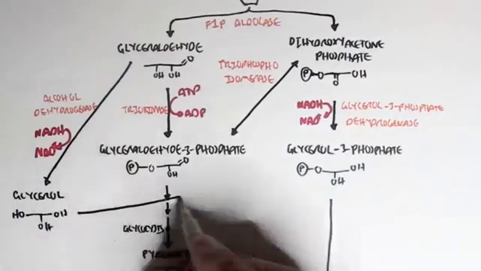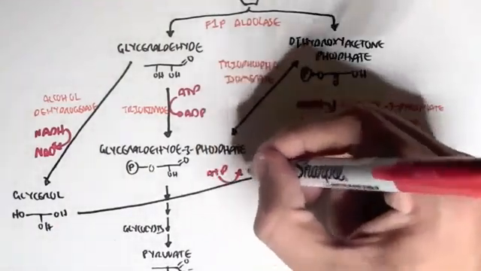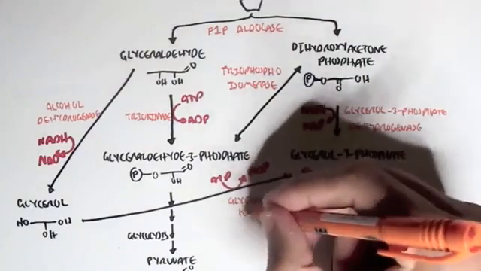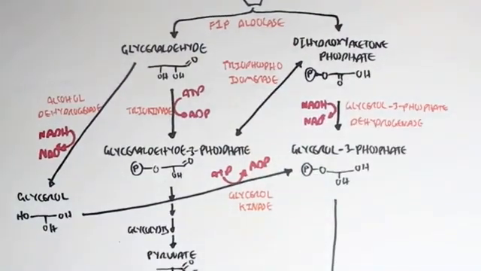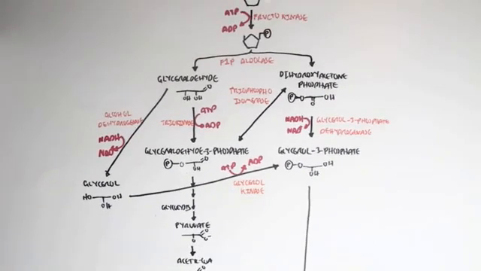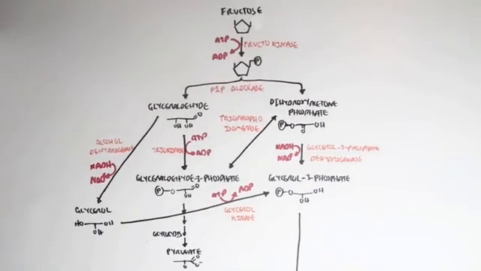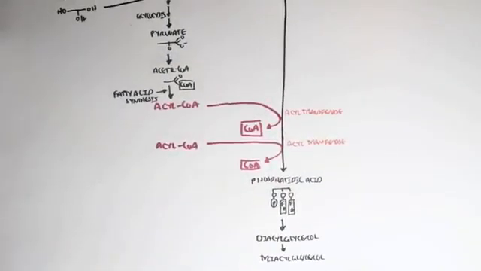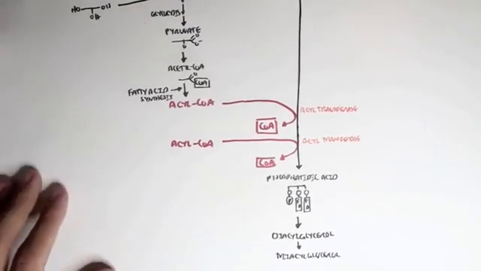And then glycerol can then convert to glycerol 3-phosphate with the enzyme glycerol kinase, phosphate obtained from ATP. And then the steps continue on to form phosphatidic acids, diacylglycerols or triacylglycerols. So fructose essentially has a big potential role in the development of non-alcoholic fatty liver disease.